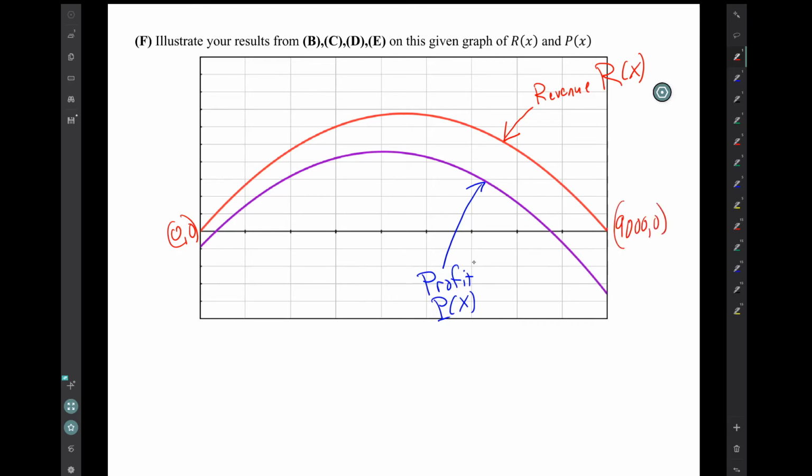Now, what about the max? That's what we're supposed to illustrate. We found that when 4,500 cameras per week are made at a price of $150 per camera, the revenue will be maximized. So that means that the max on this graph has these coordinates.